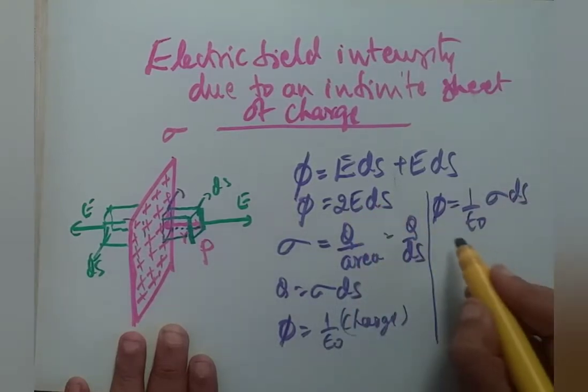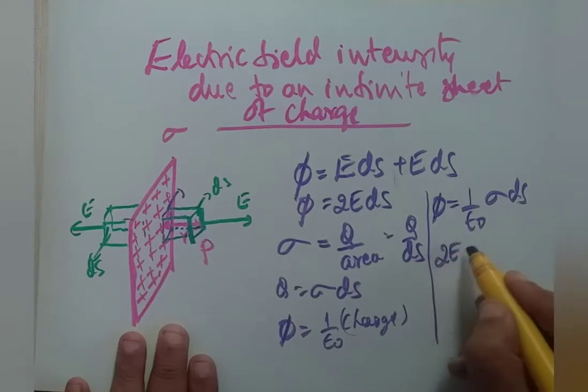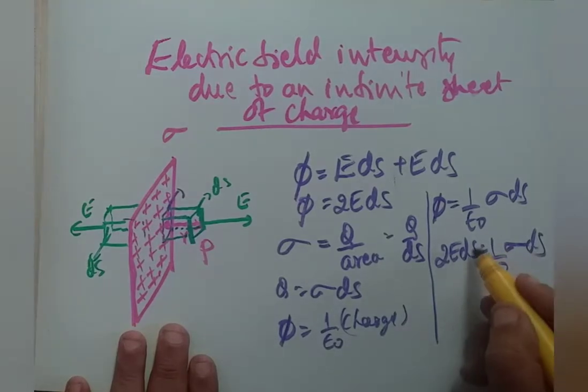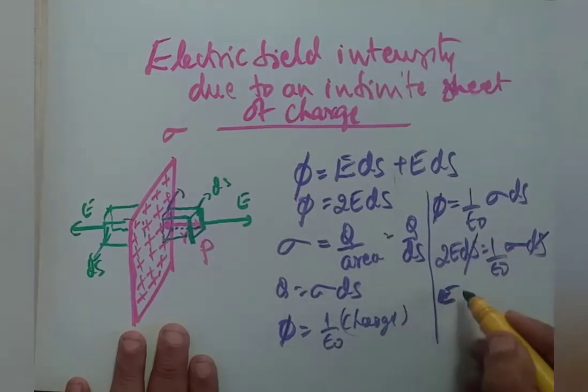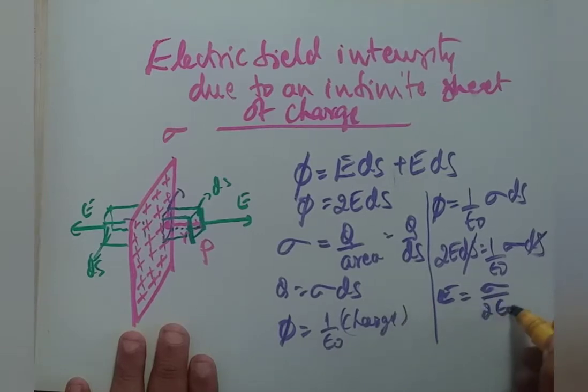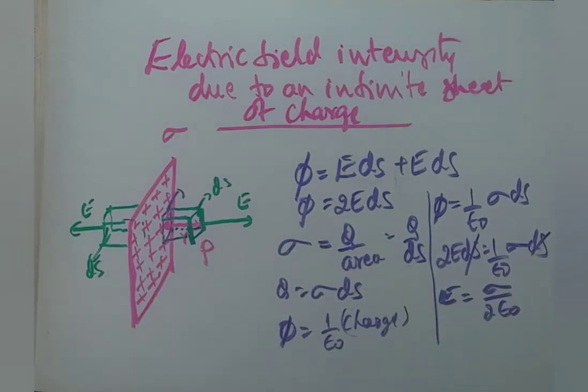We substitute for phi also: 2E dS equals 1 by epsilon naught sigma dS. If you cancel dS there, E equals sigma by 2 epsilon naught. Sigma by 2 epsilon naught is the expression for the electric field intensity due to an infinite sheet of charge.